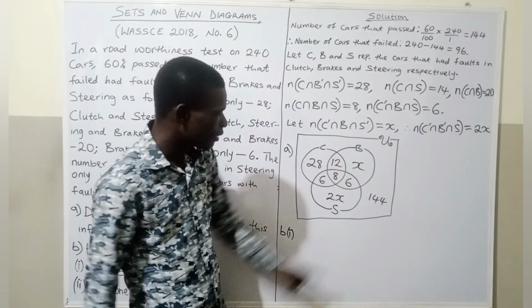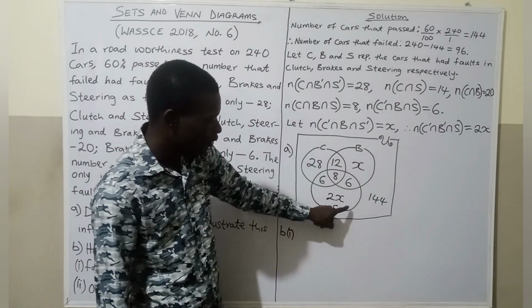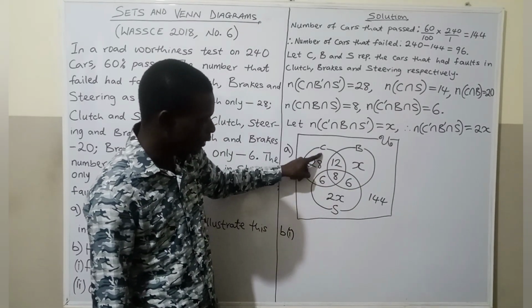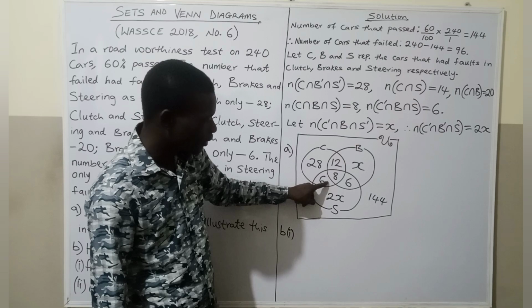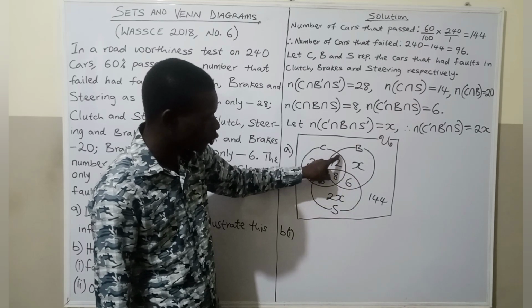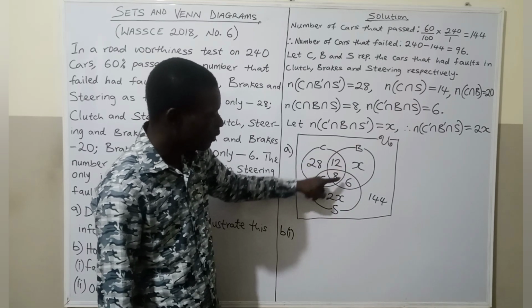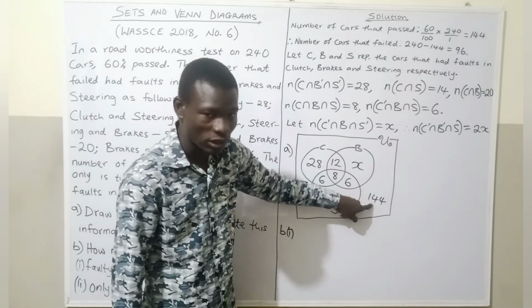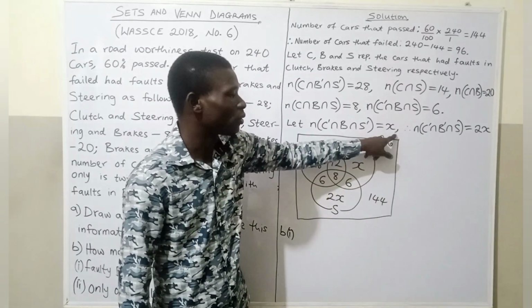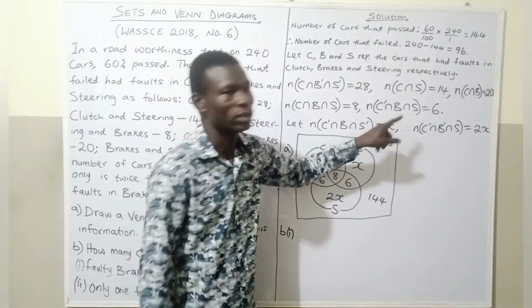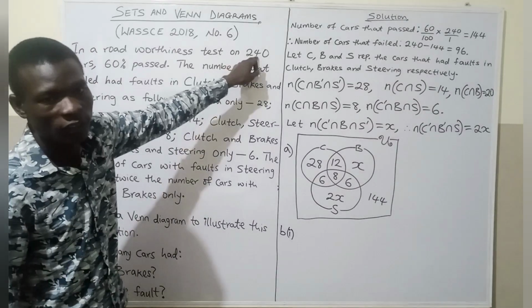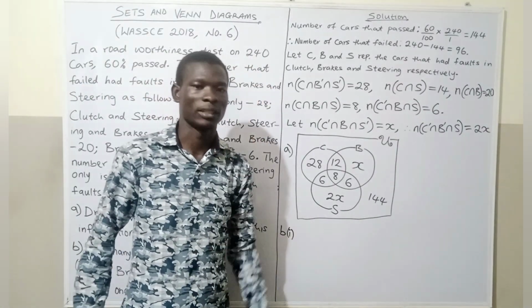This x plus this 2x plus 28 plus 6 plus 6 plus 12 plus 8 plus 144, which is outside. All of them must be equal to the universal set, and of course the universal set is 240 because that's the total number of cars that are sampled.